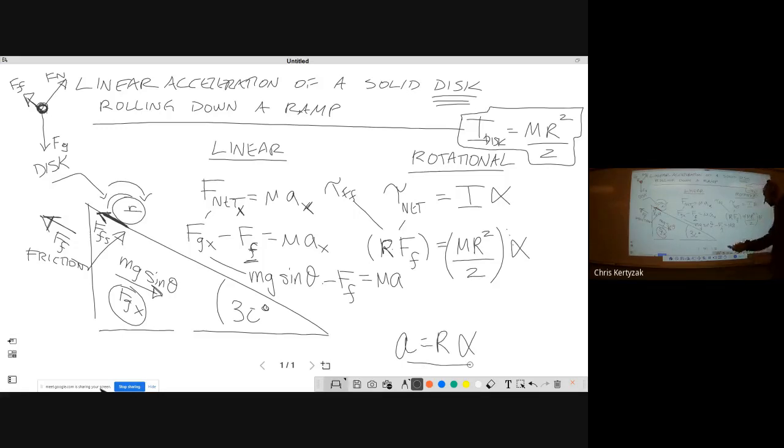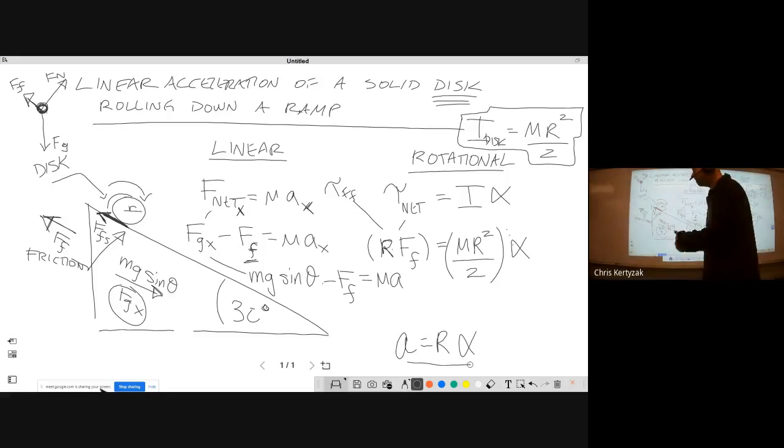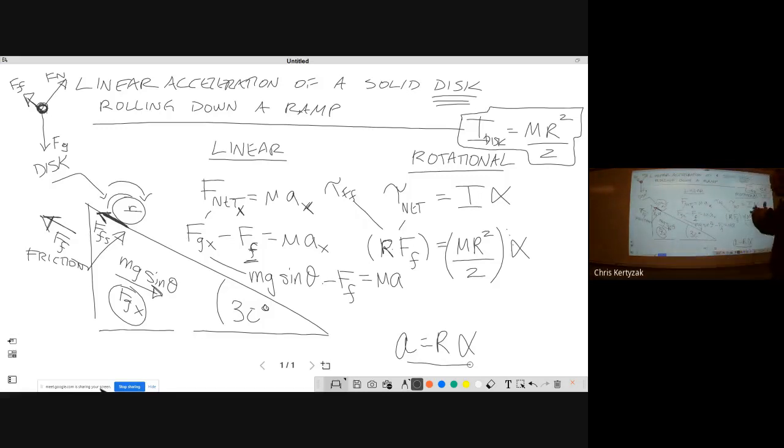This is like the linkage. It links motion. It allows you to connect something that's moving in both a linear and rotational way, and it lets you express one in terms of the other. The connection between the two worlds of rotation and linear motion. So I'm now going to write alpha equals a over R and just plug that in for alpha.